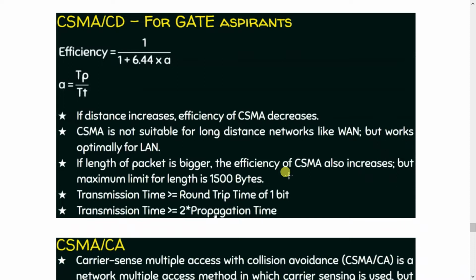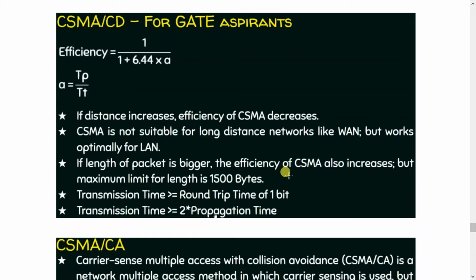So I may ask you in the test about the relationship between TB, TT, and the efficiency. So what will happen if TT increases, if TB increases, if it decreases? I remember one of the questions in the midterm was like this about the throughput of ARQ. Very few students were able to answer it correctly.